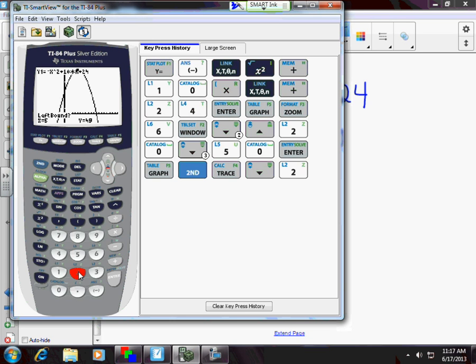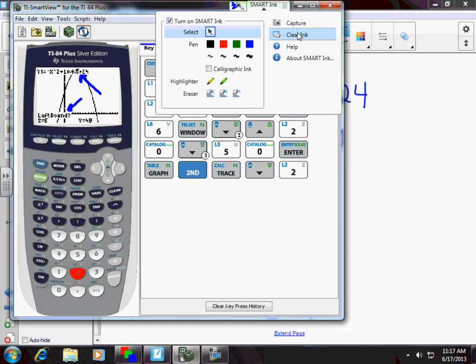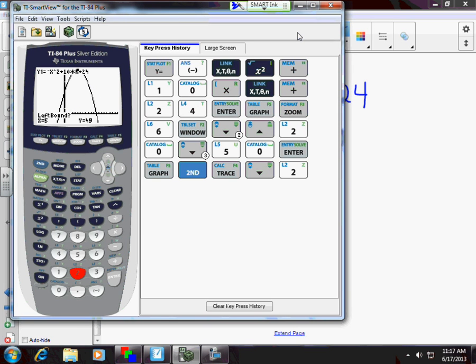Okay. And this is what comes up on your calculator. Now, you might not see it, but at least in my example, the cursor is up there at the top of the screen. And the calculator is asking you for a left bound. So what the calculator wants is to get to the left of the intercept you're looking for. Now, the cursor is up here at the top, so I'm going to press the left arrow to move it to the left.